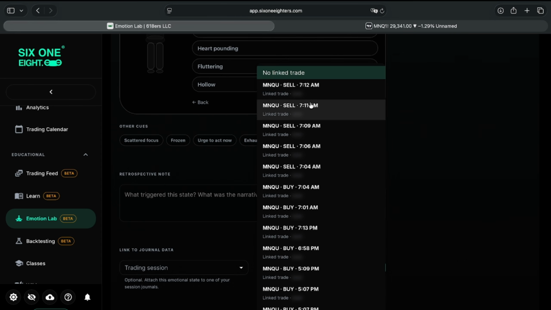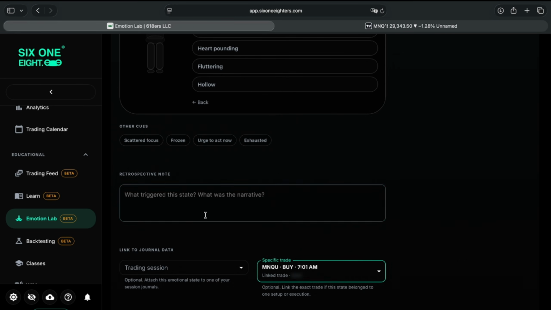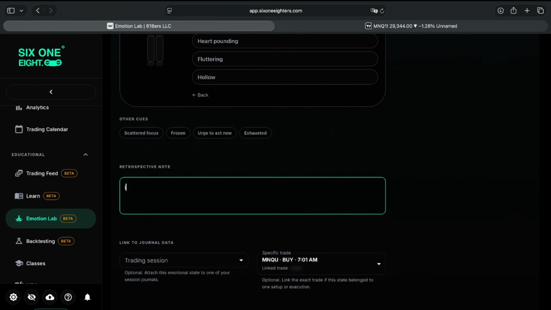I can also attach it to this specific trade here. Let's say I was a bit stressed because my dog barked at me or whatever. It can also be something outside of your trading.